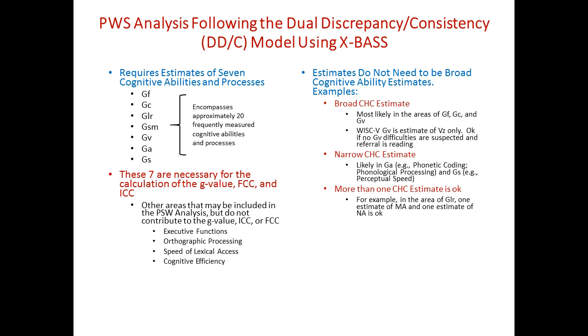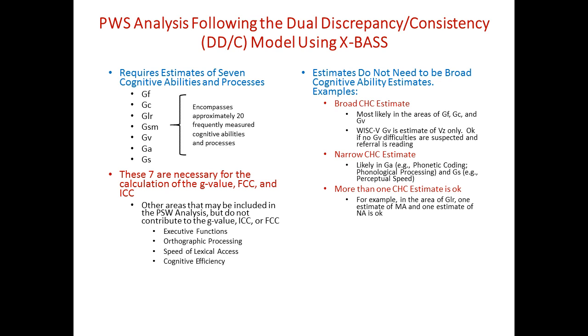For example, most of the time GA is difficult to find qualitatively different indicators of. A lot of the GA kinds of abilities are measured by audiologists. They're much more specific than what we do, and we do more of the phonetic coding analysis, phonetic coding synthesis. So oftentimes our GA is a phonetic coding composite, which is okay.